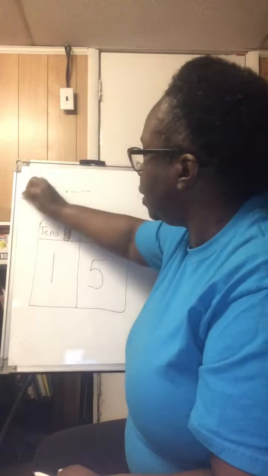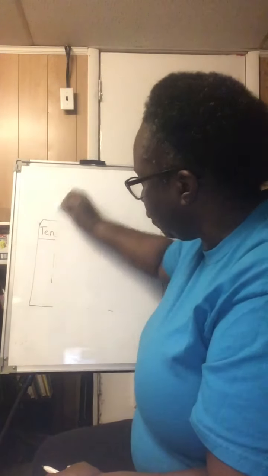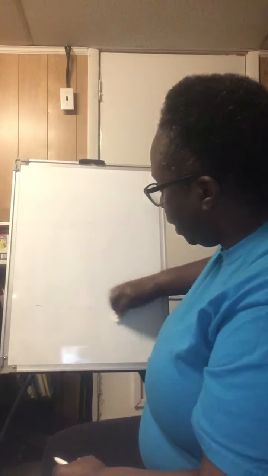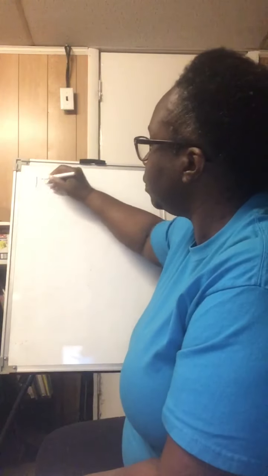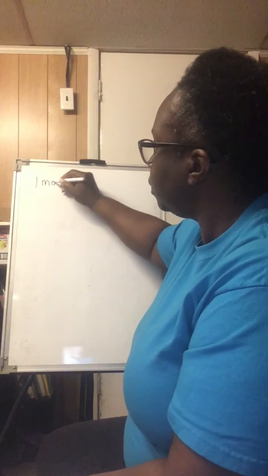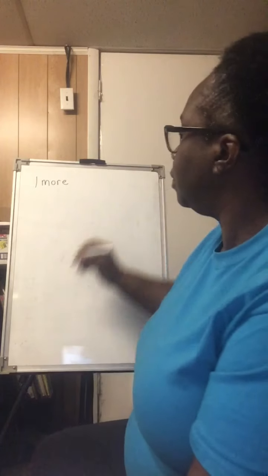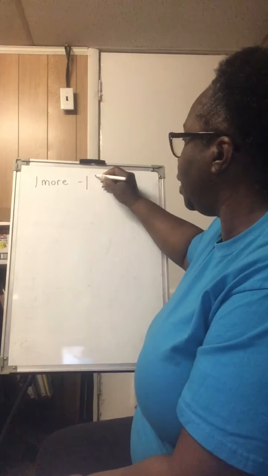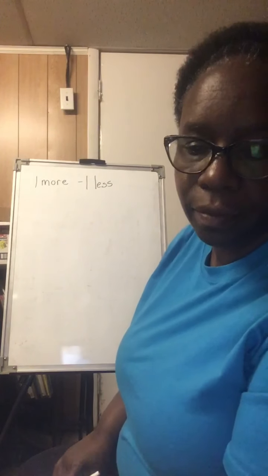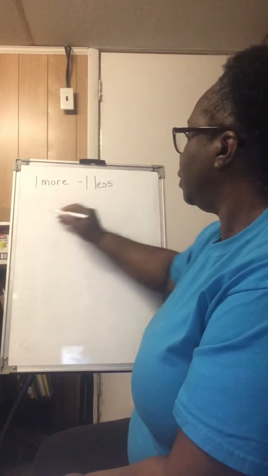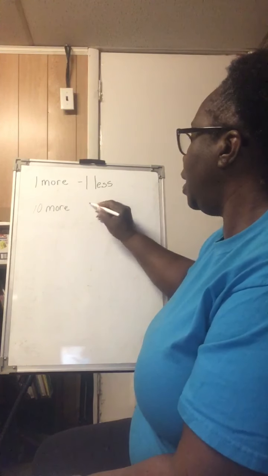Okay. The second thing they have us doing on our fluency sheet is one more, one less, ten more, and 10 less.